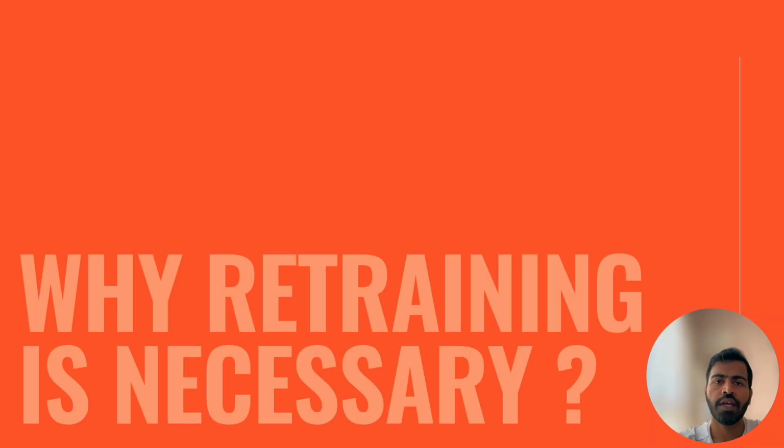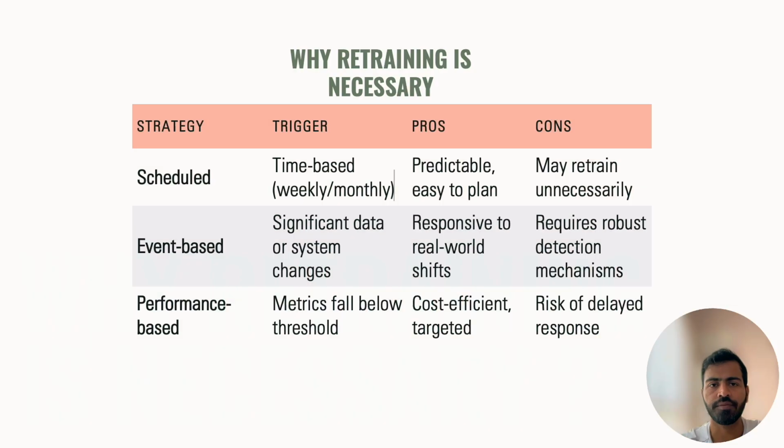Now, after monitoring an ML system, let's understand why retraining is necessary. Retraining is essential because the environment in which ML models operate is constantly evolving. Factors such as user behavior changes, economic fluctuations, and product updates can render a previously accurate model obsolete.